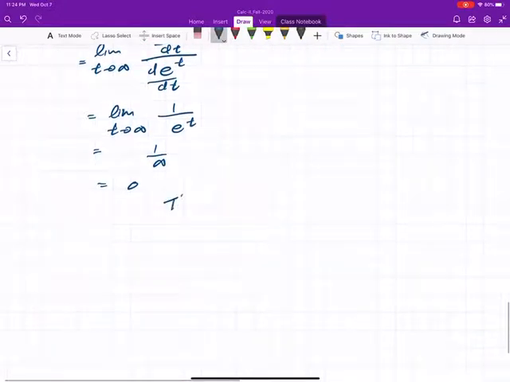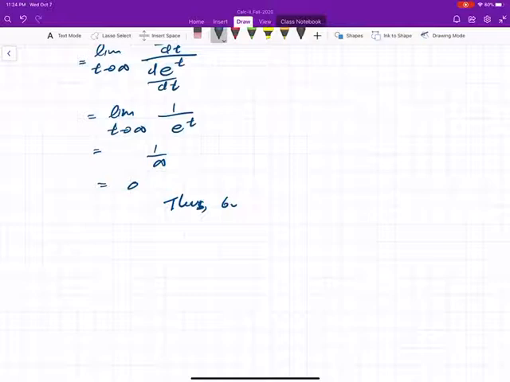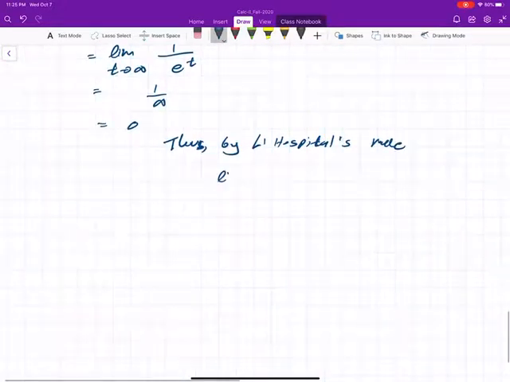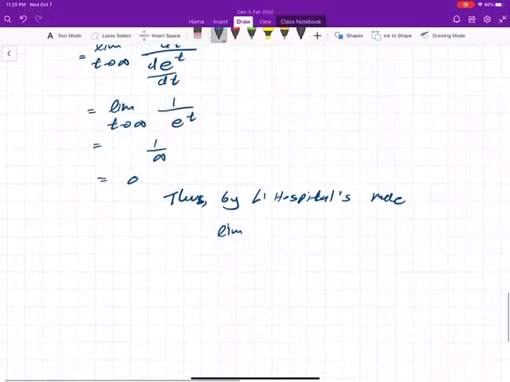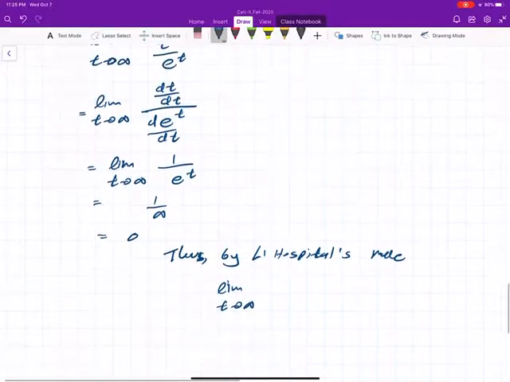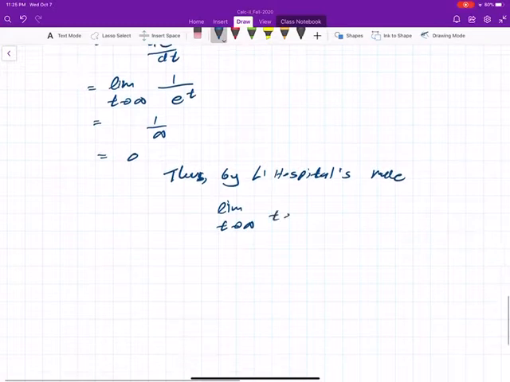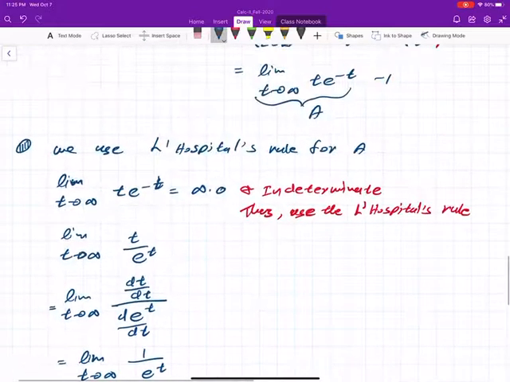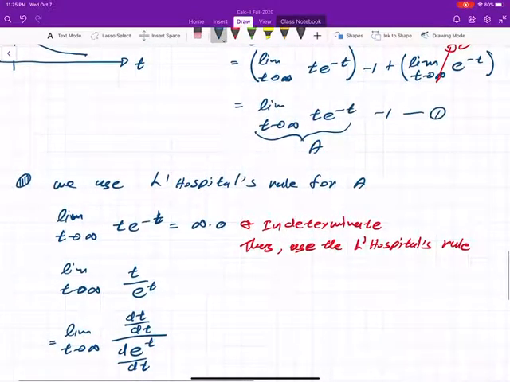Thus, by L'Hopital's rule, the limit as t goes to infinity of t times e to the power negative t equals 0. Let me denote this as equation number 1.